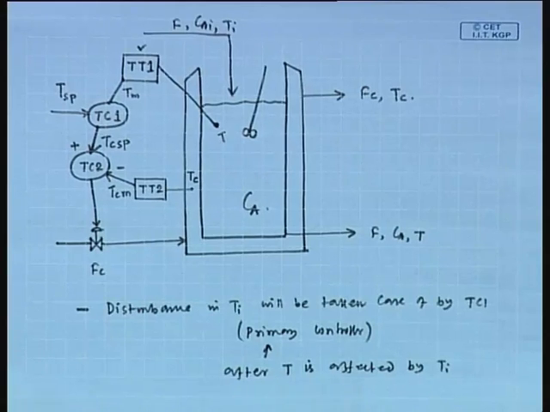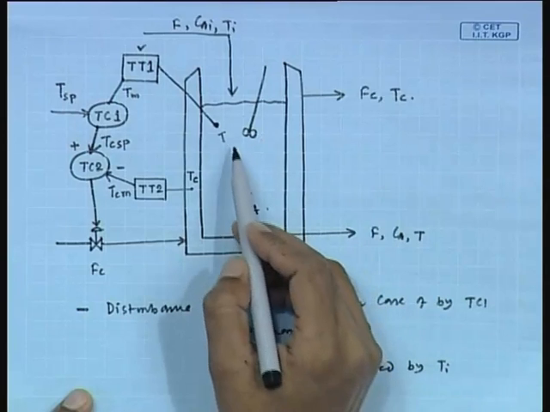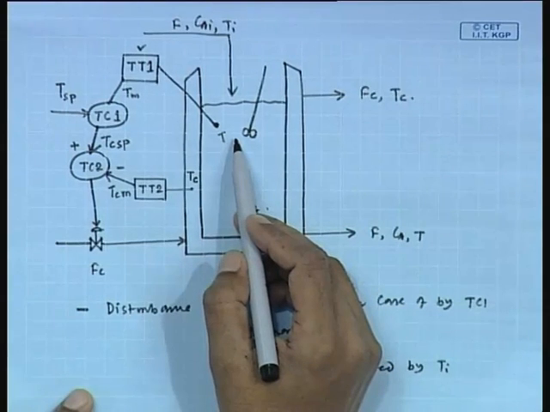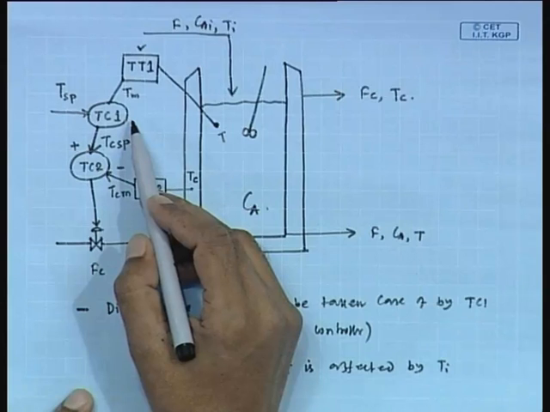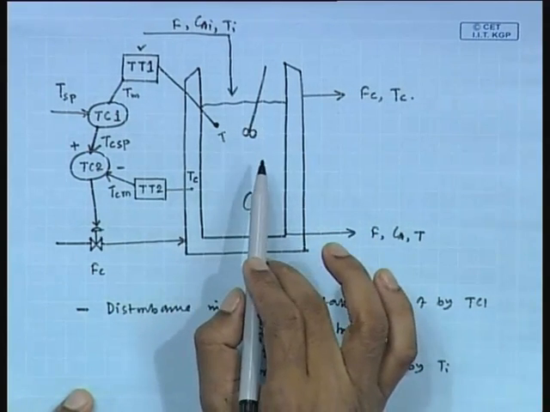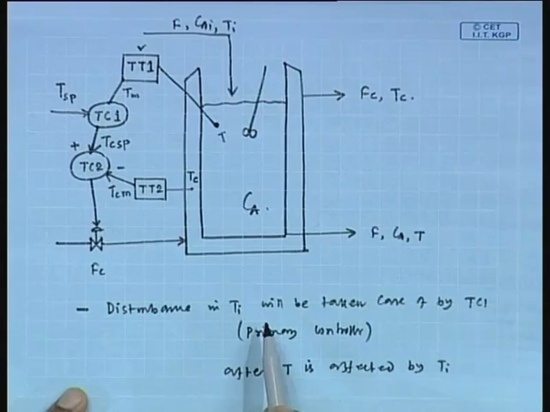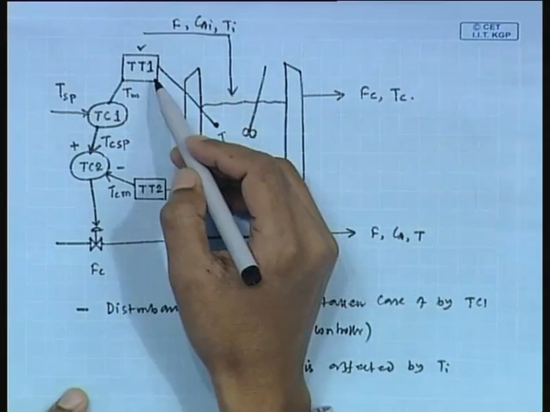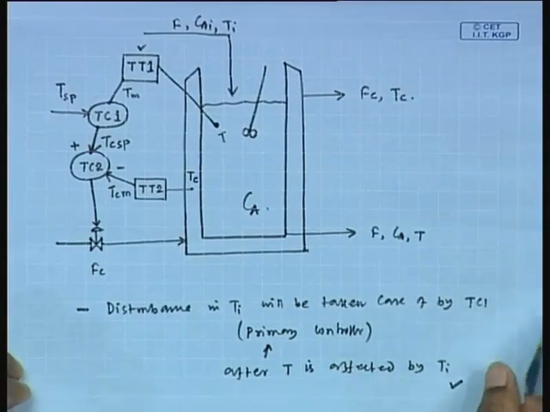I want to say that if there is any change in Ti, that should be reflected through T, then only the controller takes action. Fine. So, this disturbance first affects the process, then the controller takes action. So, disturbance in Ti will be taken care of by this primary controller, and it takes action after T is affected by Ti.